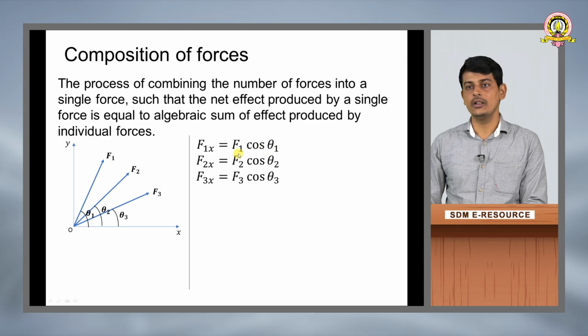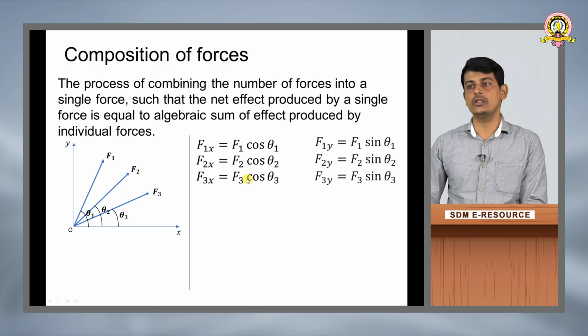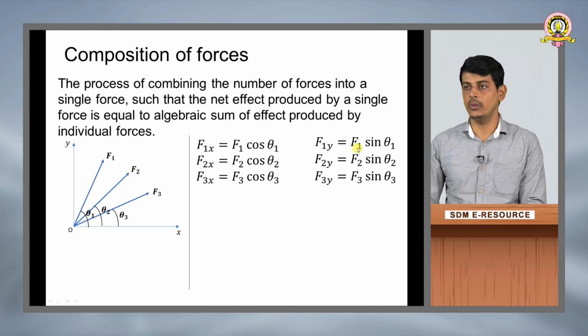So F2x, the component of force F2 in the x or horizontal direction, is F2 cos theta 2. Similarly, F3x equals F3 cos theta 3. In the same way, I need to resolve the forces in the y direction also. F1y equals F1 sin theta 1, F2y equals F2 sin theta 2, and F3y is F3 sin theta 3.